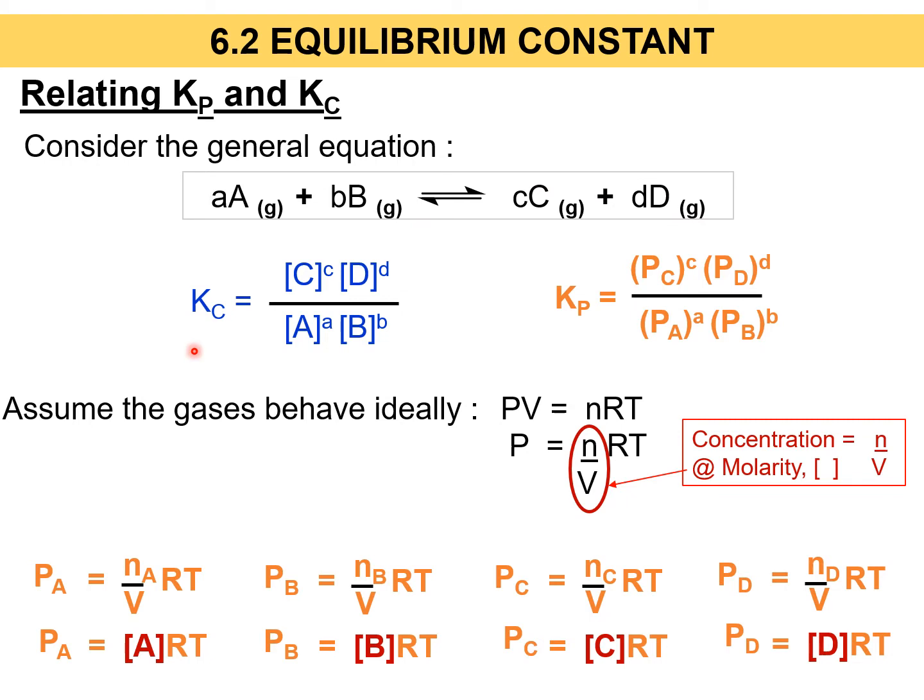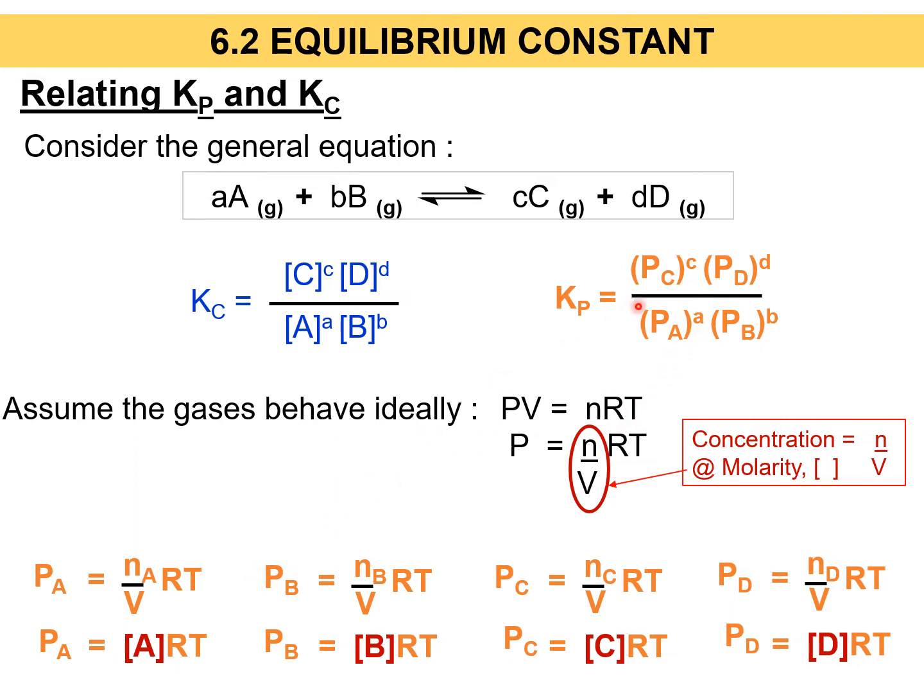Okay, so if you build the Kc expression for this above general equation, it's going to be concentration of product C and D each raised to the power of C and D, dia punya stoichiometric coefficient, divide by the concentration of reactants A and B each raised to each stoichiometric coefficients small letter A and B. Okay, and Kp pula ialah partial pressure of product to the power of product divided by the partial pressure of reactants to the power of reactants. Okay, so assume that if the gas behave ideally, you know that PV is equals to nRT.